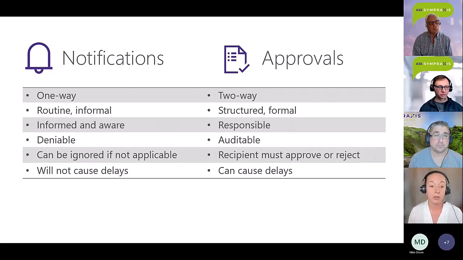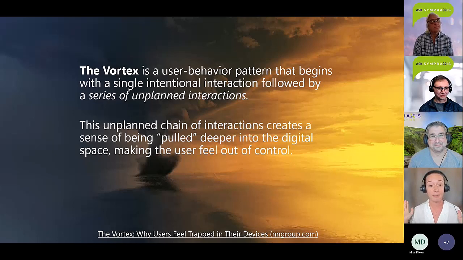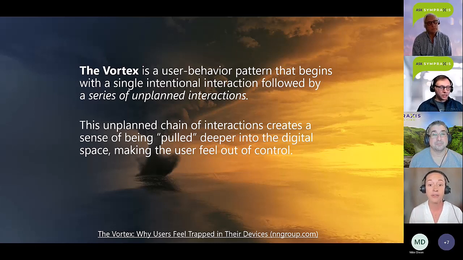Now, something that you might all be experiencing, which we have on the next slide, is called the vortex. It's this idea that I am going to do one single interaction and then I get sucked into a series of unplanned interactions. I don't know about you, this happens anytime that I touch my phone.